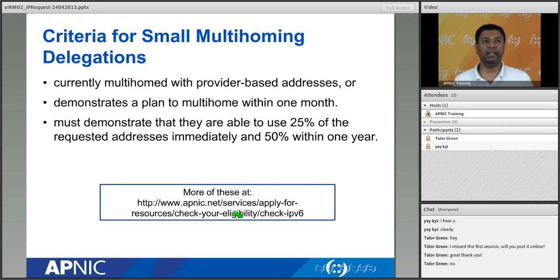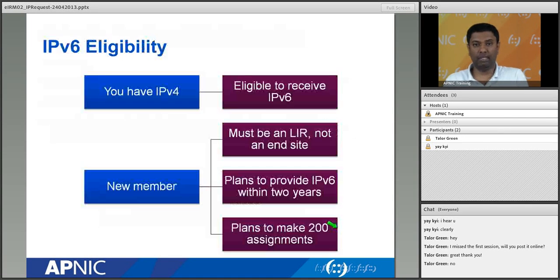In this case, definitely you need to be multi-home now or in 1 month's time. And in the same way you need to demonstrate your current requirement is 25%, and in 1 year's time you'll have 50%. Then you'll get address from APNIC. If you need to know more about the qualification criteria, this is the URL that you can use. I'll be sharing this slide with you at the end of the presentation, so you will have the URL handy with you.